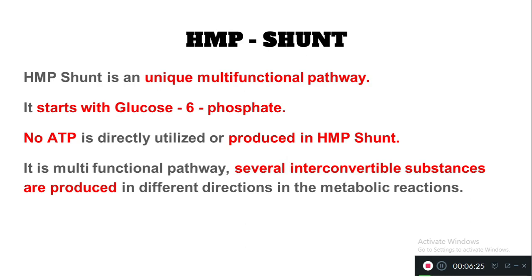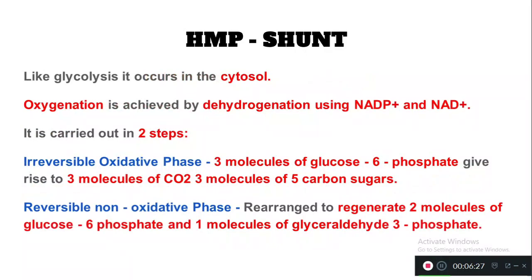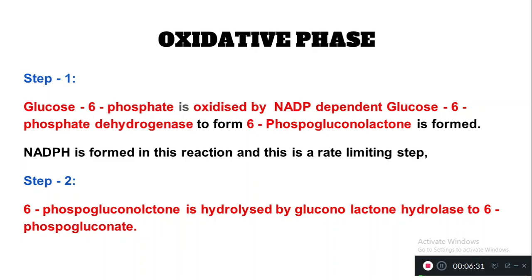Let's see the steps one by one. First is the oxidative phase. In the oxidative phase, we have various steps. Step 1. In step 1, glucose 6 phosphate is oxidized by NADP dependent glucose 6 phosphate dehydrogenase to form 6 phosphogluconolactone.